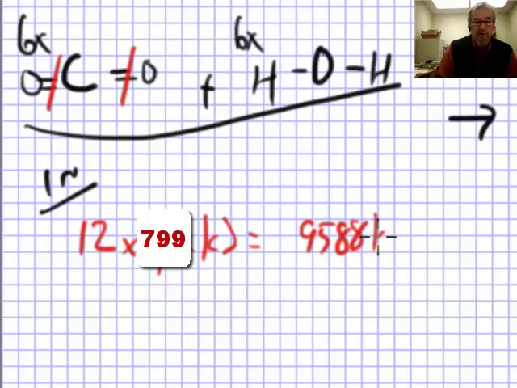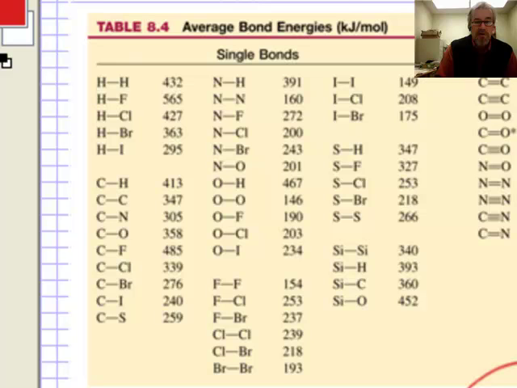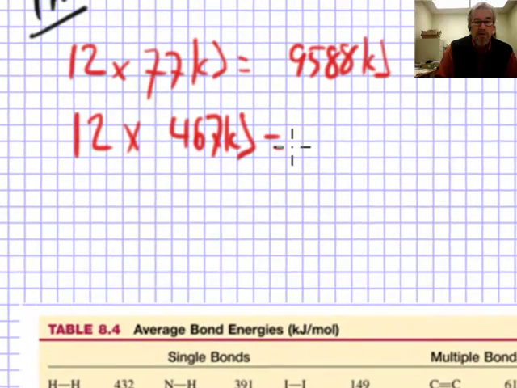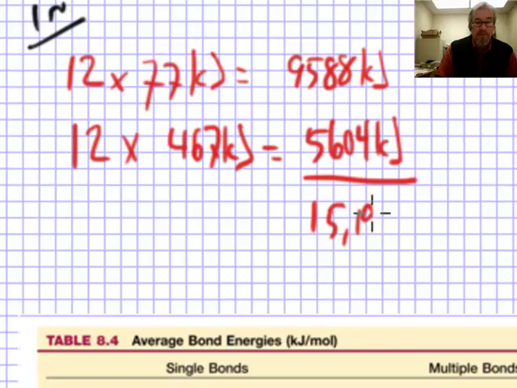We're also going to have to break up OH bonds, 12 of them, 2 per molecule, 6 molecules. So 12 times 467 kilojoules, because that's what we have for an OH bond. That gives us 5,604 kilojoules. So when we sum up the energy needed to break up all the bonds on the left-hand side, we get 15,192 kilojoules. Now, what's going on the right-hand side?